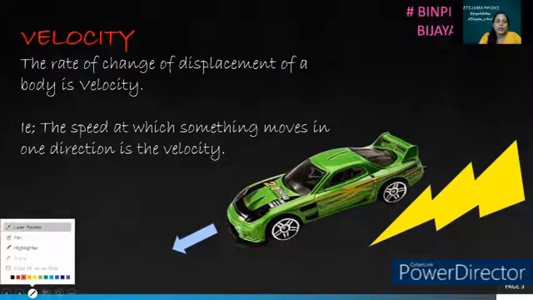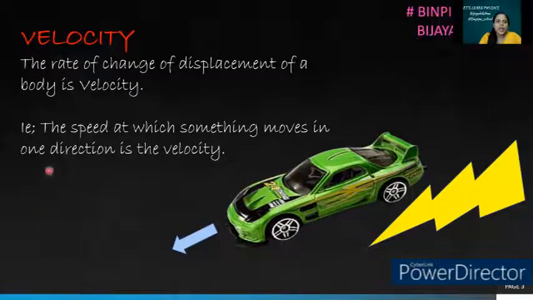So here velocity becomes a vector quantity, and two things come into point: the speed and the direction.